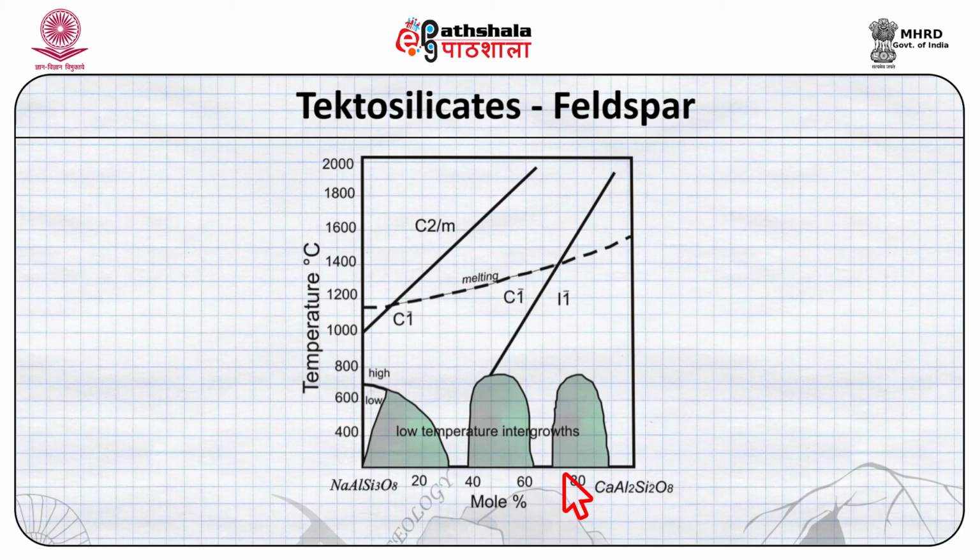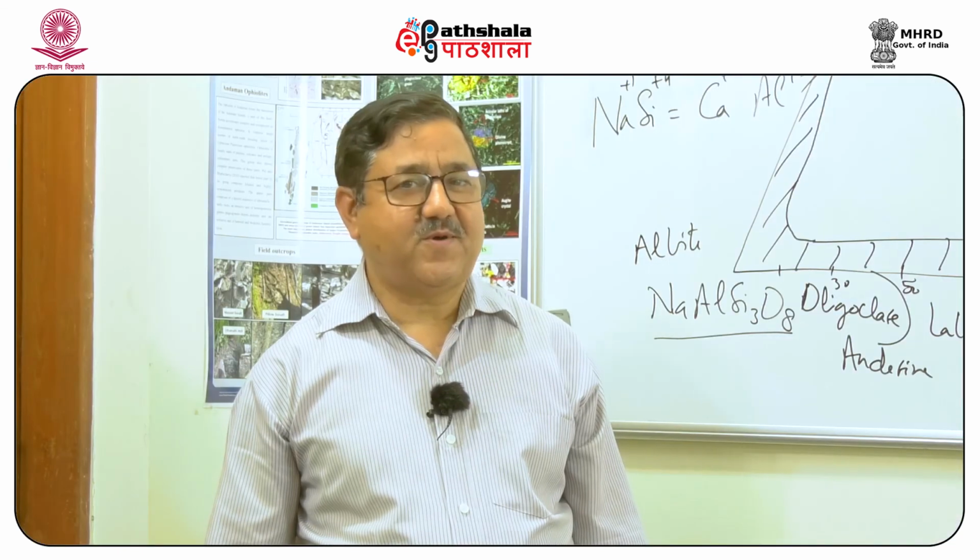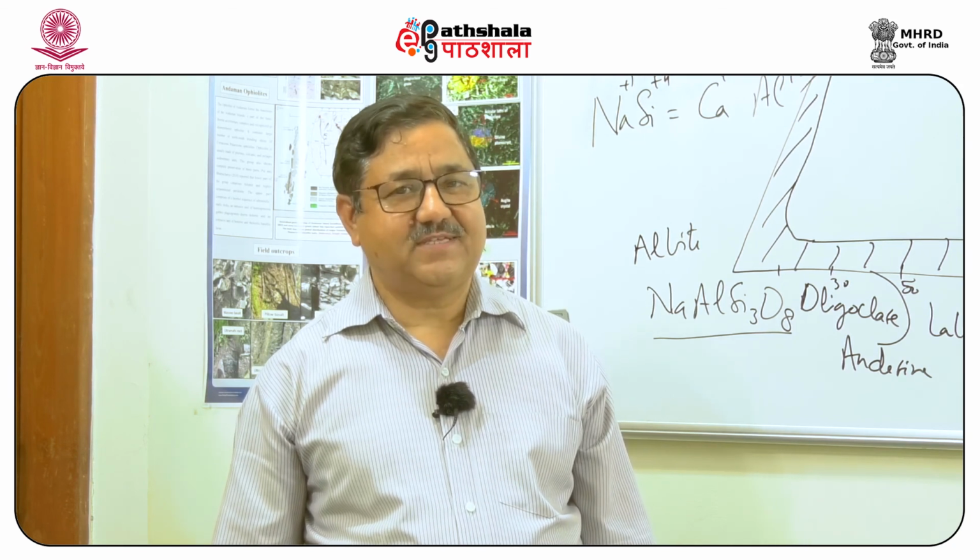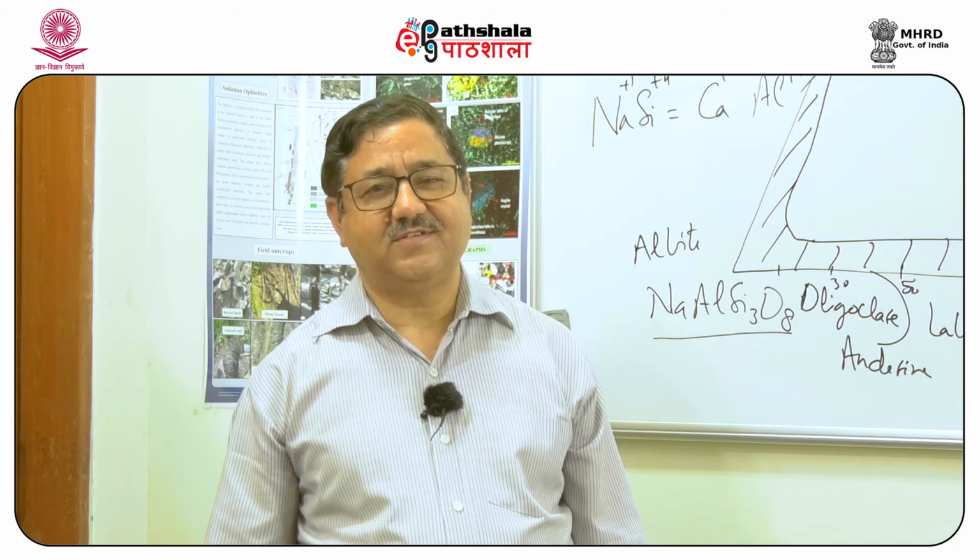At lower temperatures, fine exsolutions take place, that is, the phases separate out as solid phases and you see antiperthite or perthite formed, perthite in the case of alkali feldspar as the host and antiperthite in the case of dominantly plagioclase being the host. You see a lot of intergrowths which are not resolvable by ordinary optical microscopes, and one normally requires transmission electron microscopy or high resolution SEM to distinguish these intergrowths. It is important to see that feldspar represents one of the most important minerals present on this Earth.